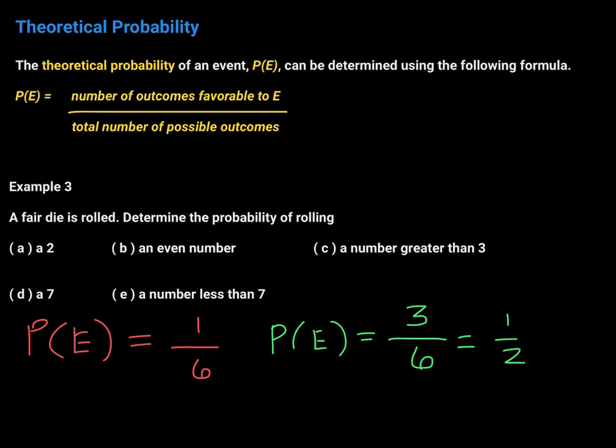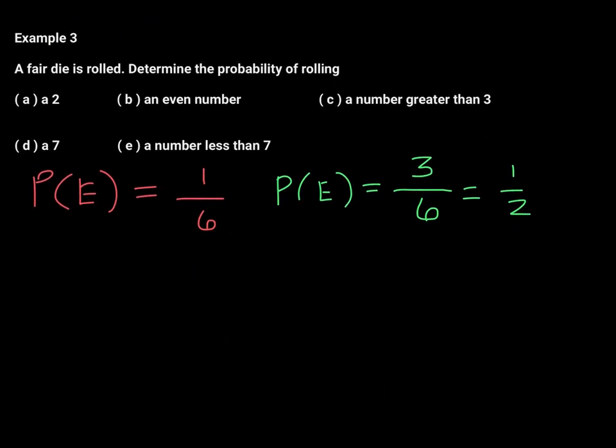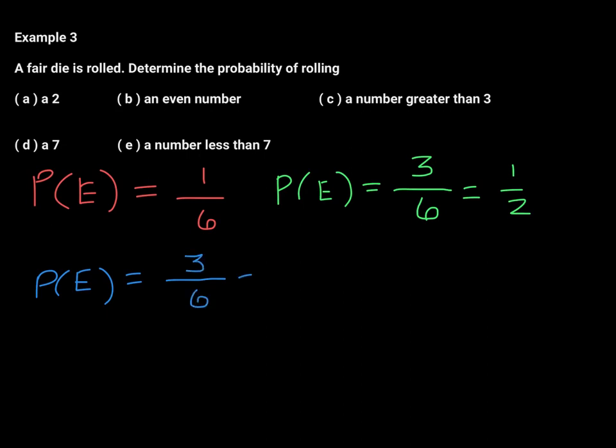The probability is 1/2 that you will roll an even number. Next, rolling a number greater than 3. This time, E represents rolling a number greater than 3. What are the numbers greater than 3? 4, 5, or 6. So there are 3 favorable outcomes out of 6 total, and the probability of rolling a number greater than 3 is 1/2.